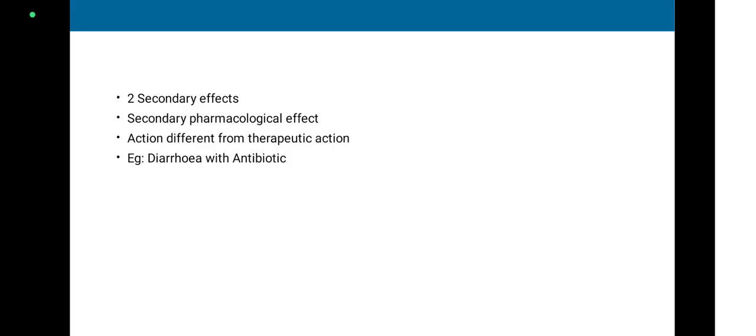Antibiotics cause diarrhea by decreasing the growth of or destroying the microorganisms in GI flora. That destruction indirectly causes diarrhea. So that kind of reaction also comes under secondary effect of augmented type adverse drug reactions.